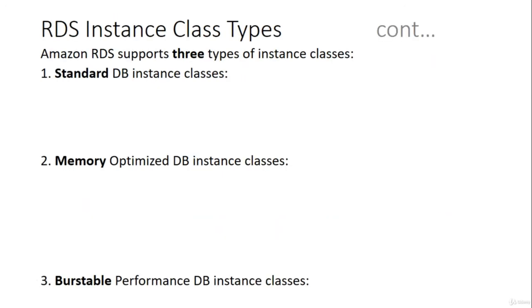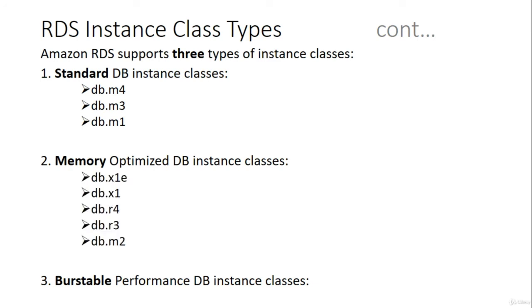So here explicitly there are three types of instance classes. The first one is standard DB instance, then memory optimized DB instance, and finally the third one, burstable performance DB instance class. In standard we have DB M4, M3 and M1.